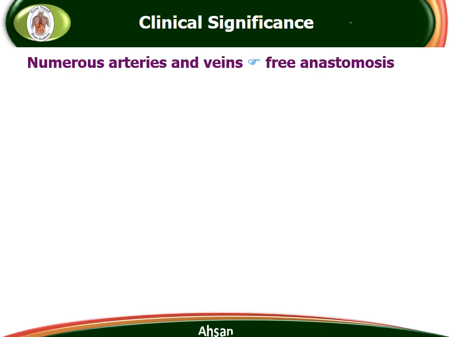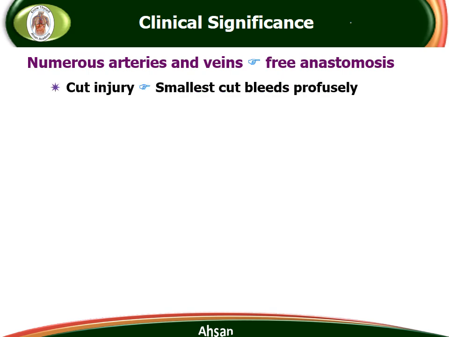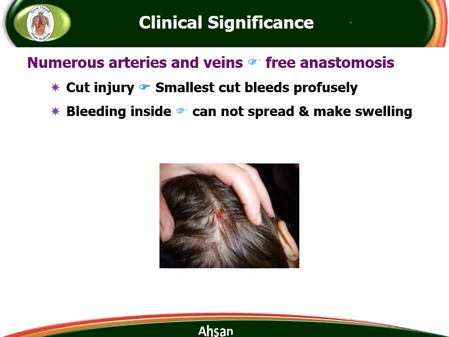These numerous arteries and veins make a free anastomosis with each other. So if the surface is scarred, then a small cut will cause severe, profuse bleeding. And if the injury is such that there is no surface cut, then bleeding will spread, and there will be a swelling in this area, which is very firm and localized.